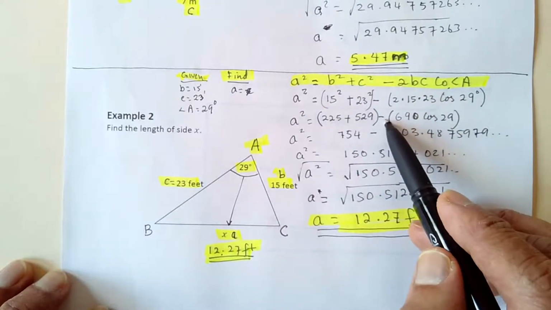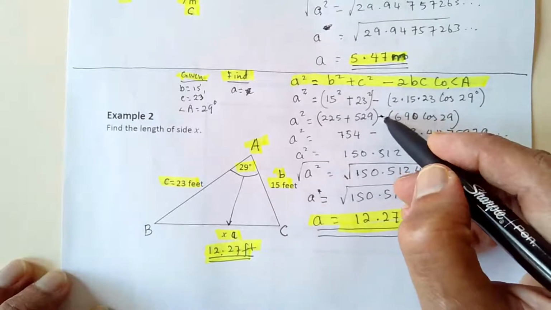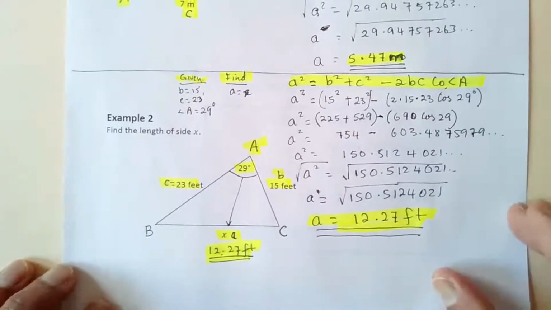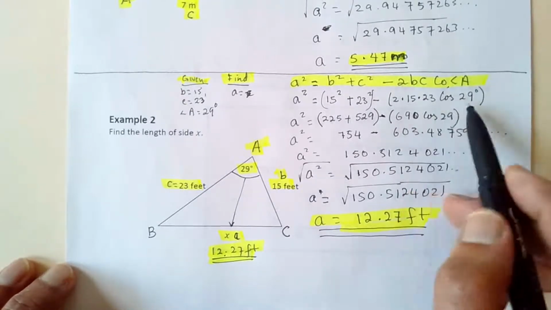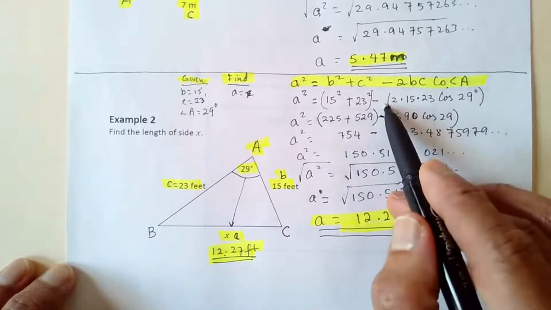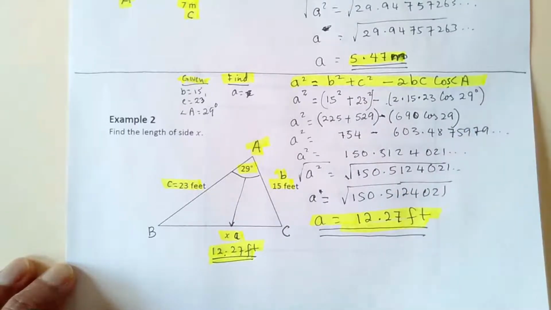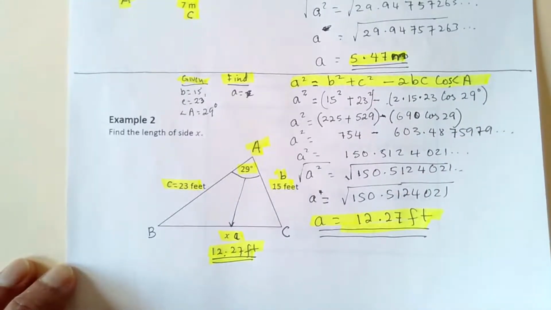Okay, this is a negative here. You need to separate the two when you're calculating. I prefer to use brackets around minus 2bc cosine angle A because it helps in your calculation or your computations.